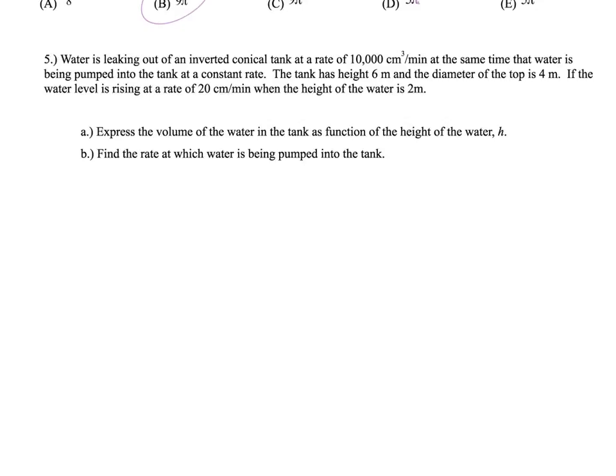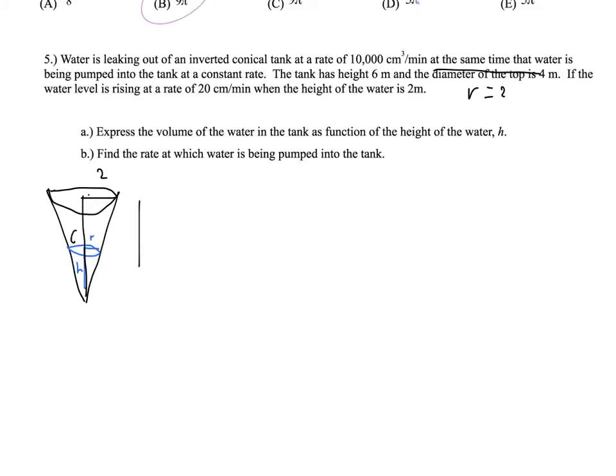Question 5 is very similar because they're both dealing with a cone and water inside of that. So we have a cone, we have water inside that cone, the radius of the water is r, the height of the water is h, the radius of this cone, if the diameter is 4, the radius is 2, and the height is equal to 6.